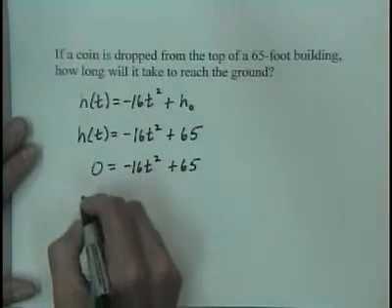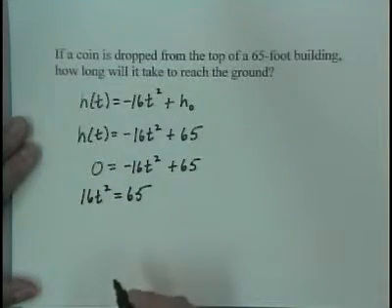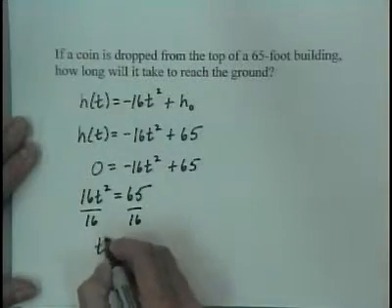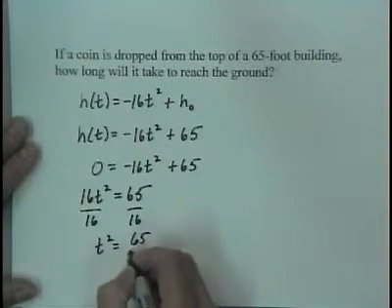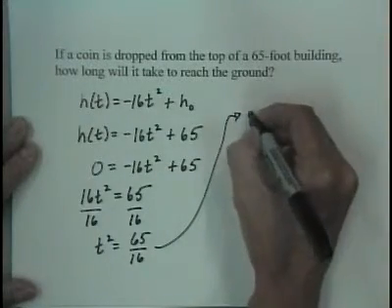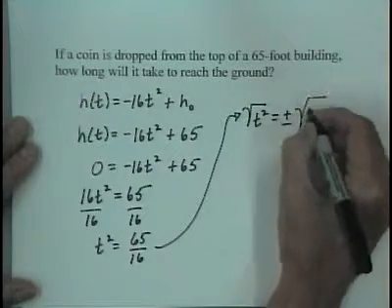I'll start by adding 16t squared to each side. Then I'll divide by 16 to get t squared is 65/16. I take the square root of each side of the equation using plus or minus.